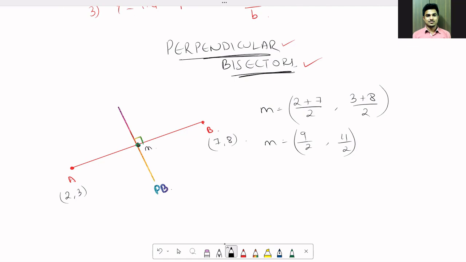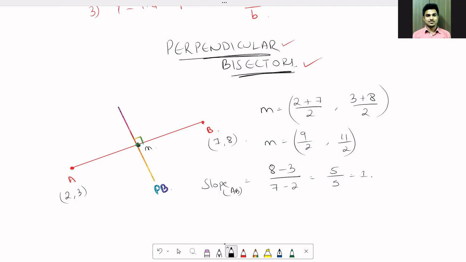Okay. Next up, I need to find out the slope of the line AB. So it will be y2 minus y1, that will be 8 minus 3, upon x2 minus x1, that will be 7 minus 2. So 8 minus 3 will give you 5, and 7 minus 2 will also give you 5. So that's 1. The slope of the given line is 1.